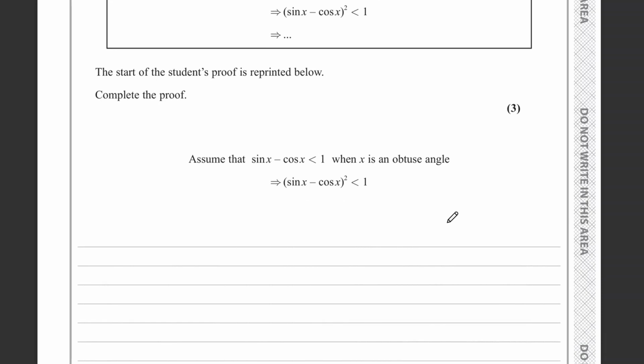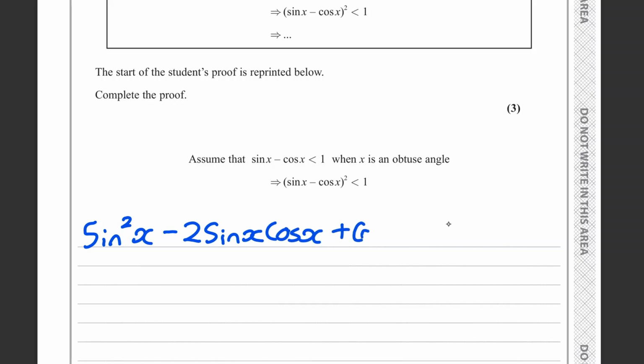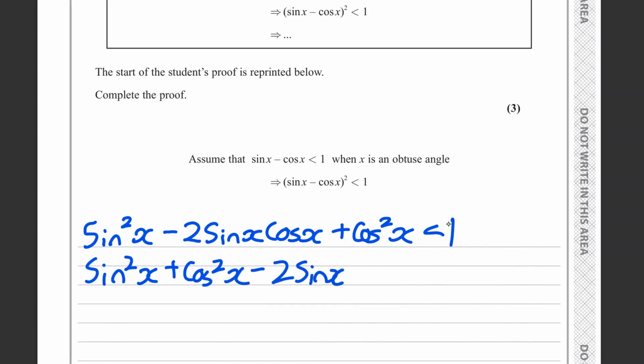So if we expand this bracket here, it's going to be sin squared x minus 2 sin x cos x, and then plus cos squared x, and then this is less than 1. I'm going to rewrite this slightly, so it's sin squared x plus cos squared x minus 2 sin x cos x is less than 1.